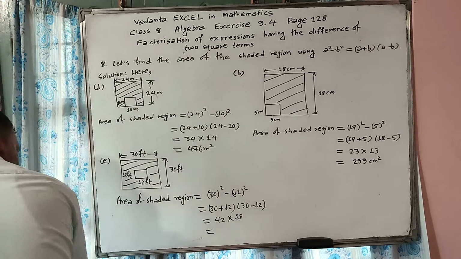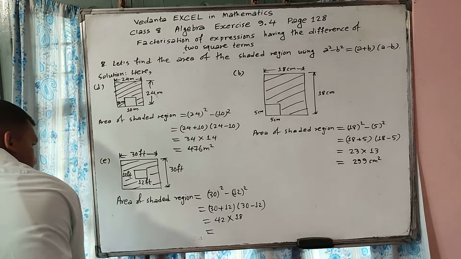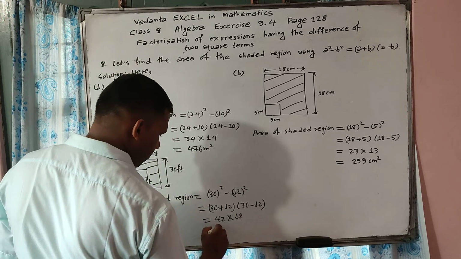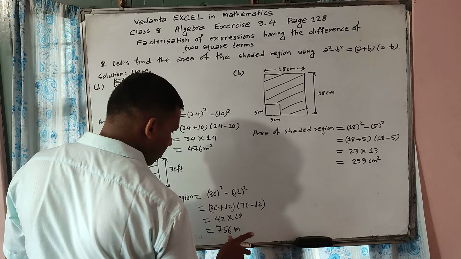Now calculate this. 42 into 18 is 756 square feet.